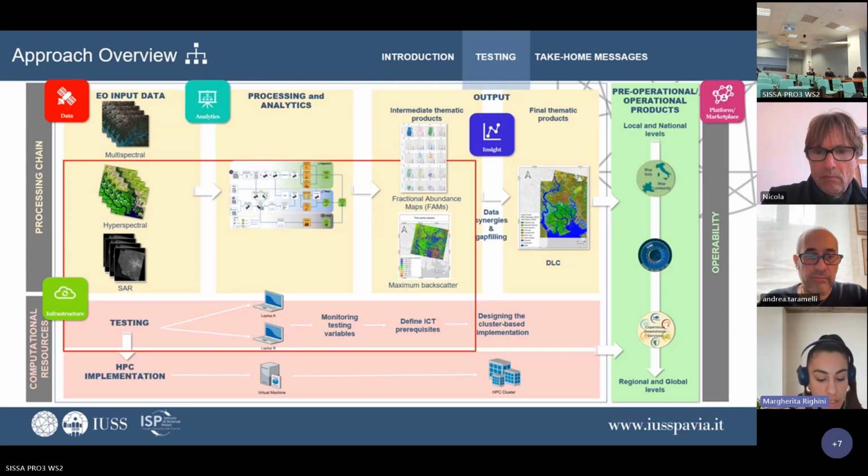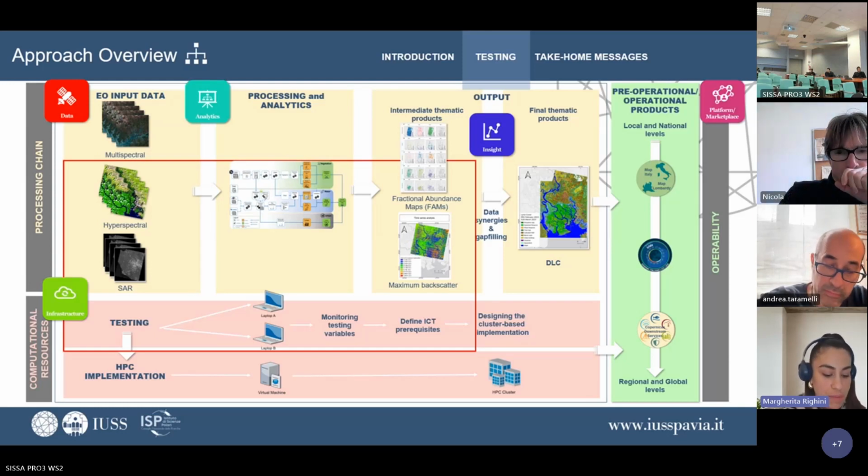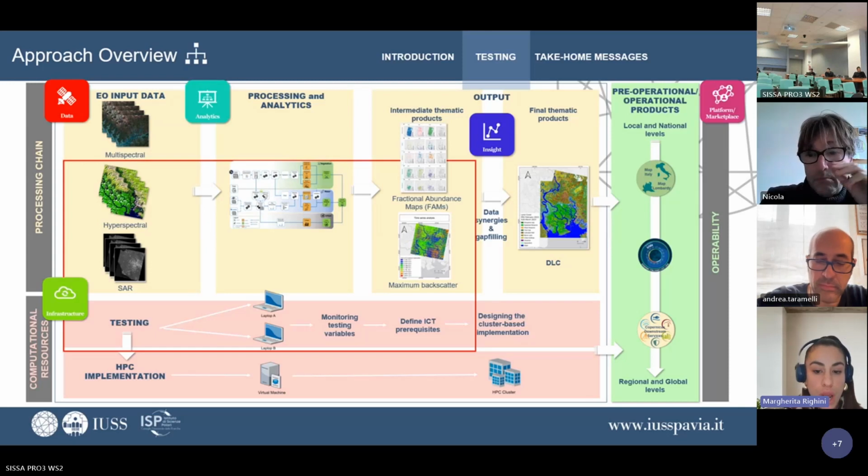Meanwhile, the computational resources are defined in order to implement and optimize the processing chain in our HPC infrastructure. Pilot testing and gradual release of prototypes to end users are afterward integrated as pre-operational or operational products in the downstream application services, from local and national to regional and global levels.